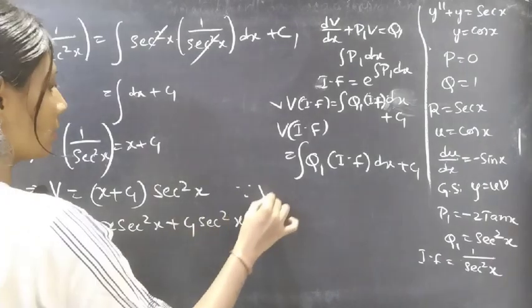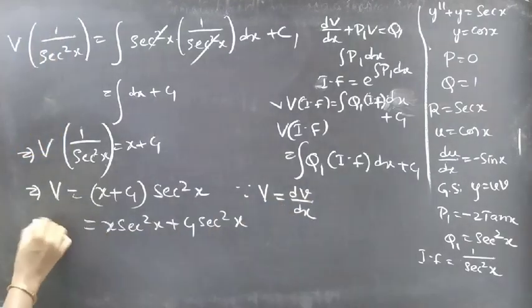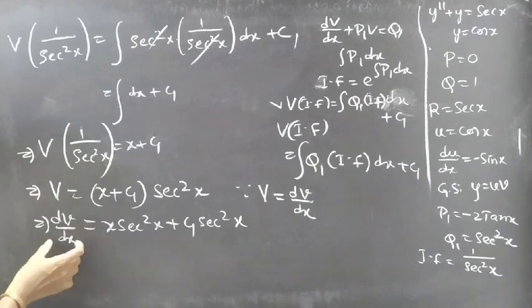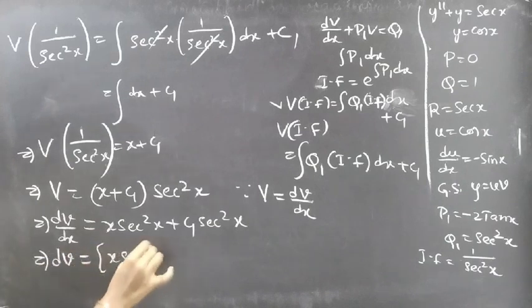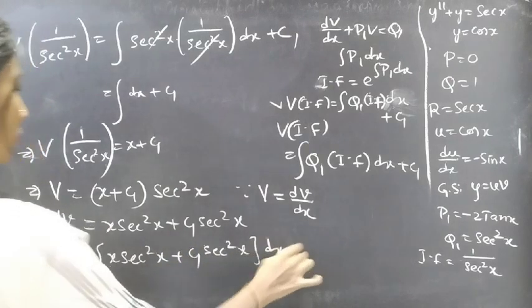Since capital V equals dv by dx, let's replace capital V with dv by dx. Let's now separate the variables. In order to separate the variables, we have to take the differential dx to the RHS, then we get dv equal to x secant square x plus c1 secant square x into dx.